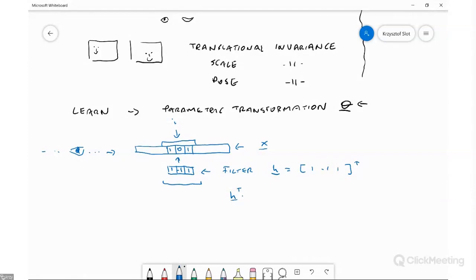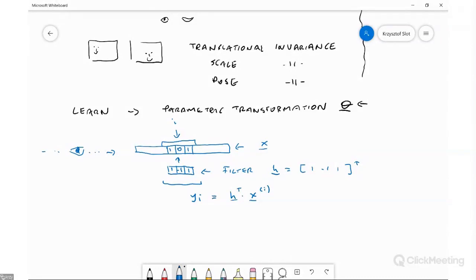This is not a representation, this is just an input. I will put a little superscript i, meaning that I am centering my h at position i. And the result will be a value, y_i. A dot product is something that is evaluating similarity. And in this case, I'm evaluating a similarity between 3-element vectors.